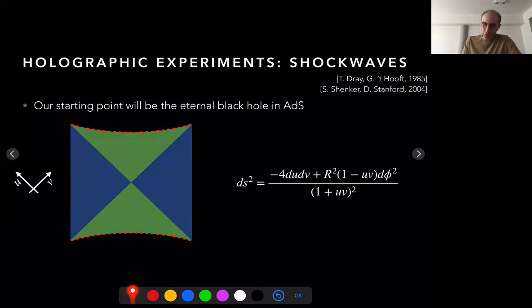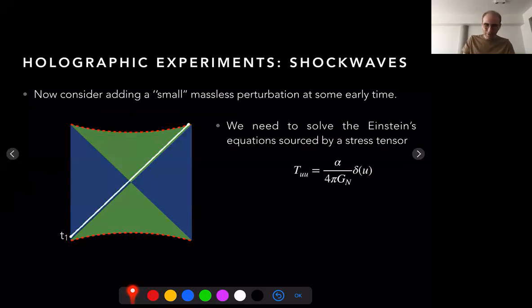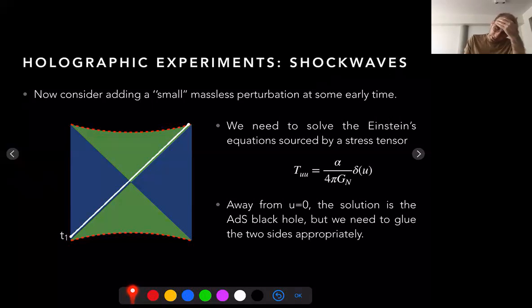And the idea is to see what happens when we add a shockwave to this solution. So we add some perturbation at some time close to -infinity, +infinity, depending on how you call the times. So basically, you add a stress tensor that is a delta function in U with some coefficient alpha, and you solve the Einstein equations. And everywhere outside U equals 0, the solution is just the AdS black hole.